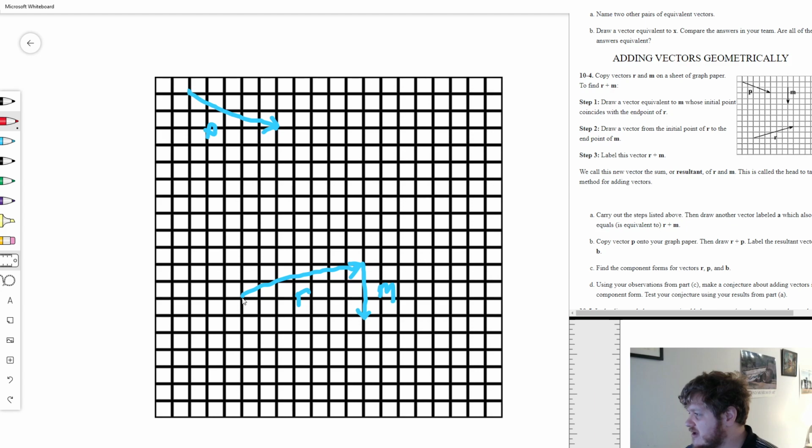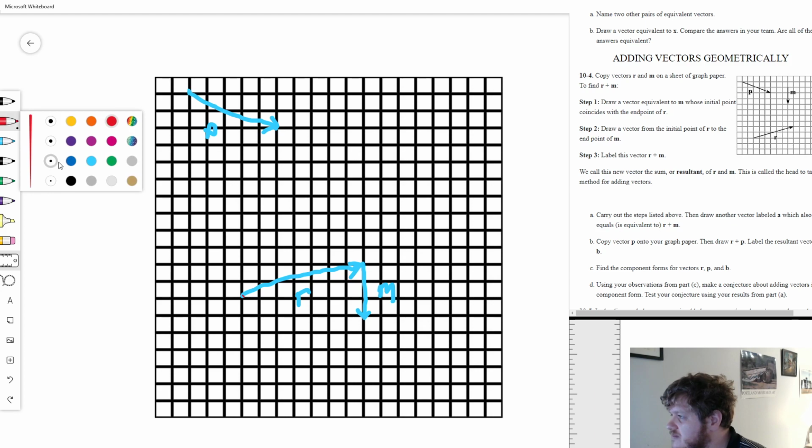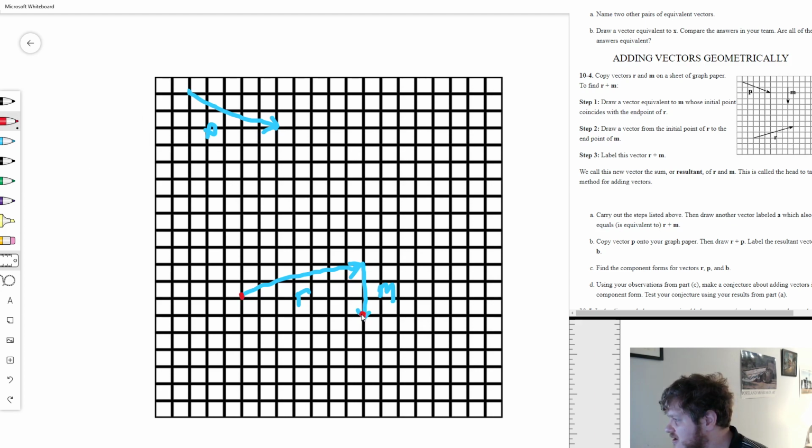So if we add them together, we end up with a vector. Let me make this a little bit bigger. We go from here to here, and then we draw it. If we wanted the length of this vector, well, we go down 1.